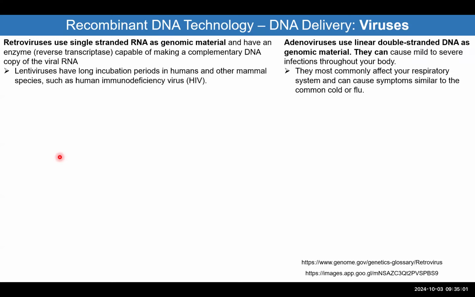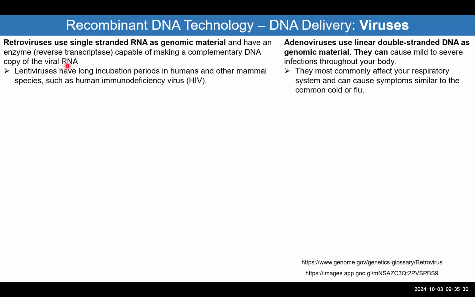We can divide them into two major parts: the retroviruses, which are viruses that use single-stranded RNA as a genomic material, compared to adenoviruses, which use double-stranded DNA as a genetic material. Therefore, for retroviruses to become functional, the first step is to reverse transcribe the RNA into DNA.